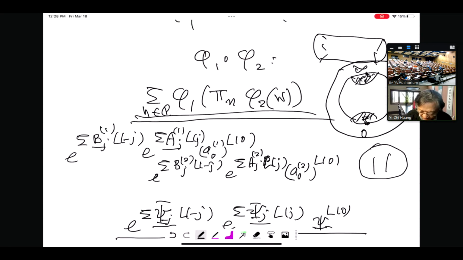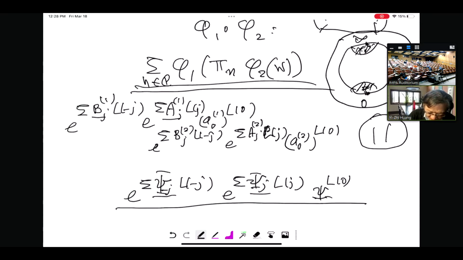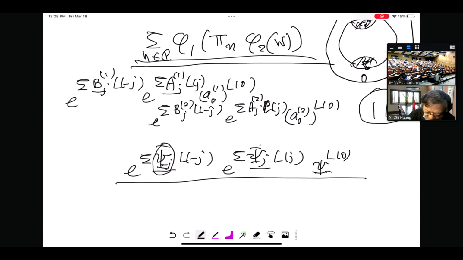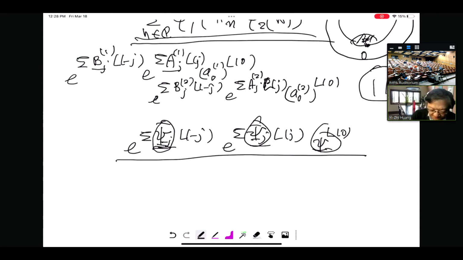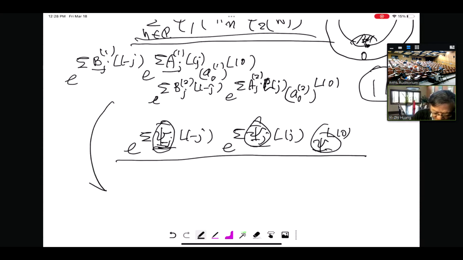So using this complex manifold theory, we can prove that these psi, as functions of these a, b, and small a and so on, are analytic. On the other hand, you can directly use the commutator formula for Lj and L minus j.